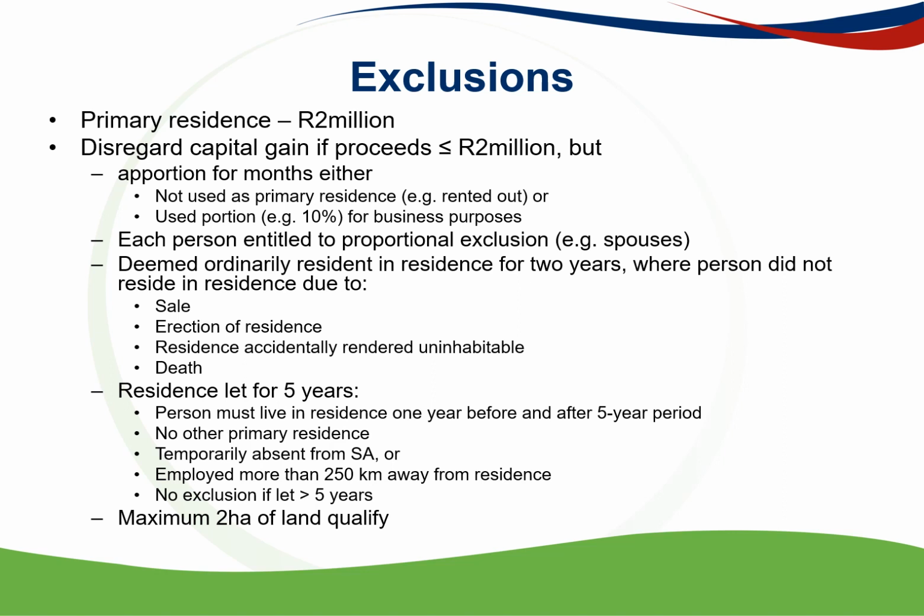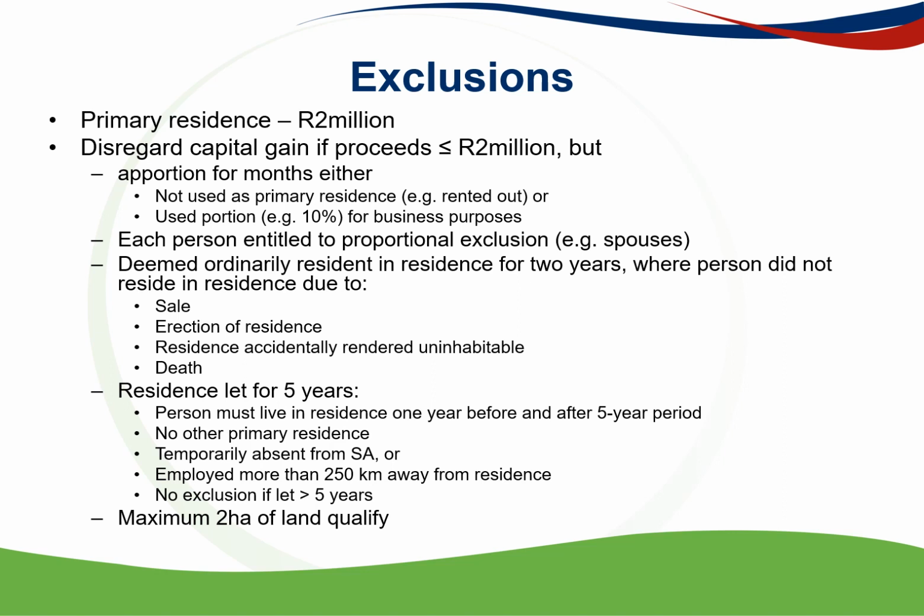Then another instance is where a residence has been let out for 5 years. If the following conditions are met, the taxpayer will be deemed to have lived in that primary residence. The person must first of all have been living in that residence 1 year before and 1 year after that 5-year period.